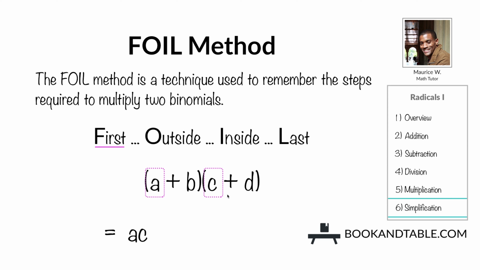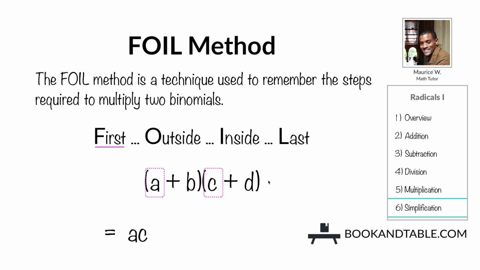Now let's discuss another situation in which you will be multiplying binomials, and that will require you to simplify the product that you get. A binomial is a term that has two parts. So when you're multiplying two binomials, we want to utilize a method known as the FOIL method.